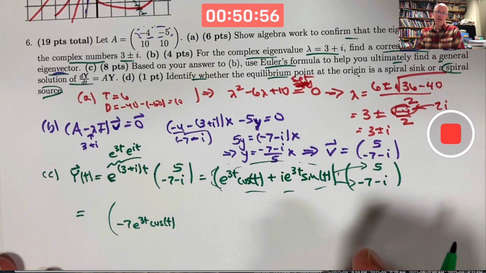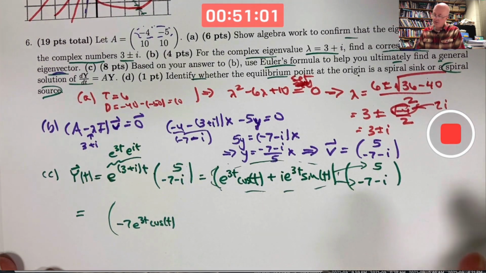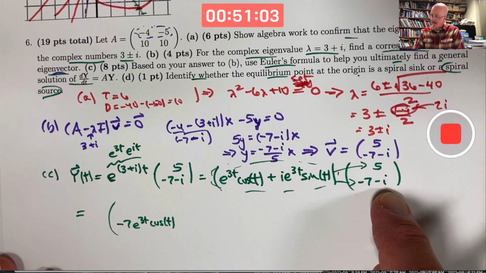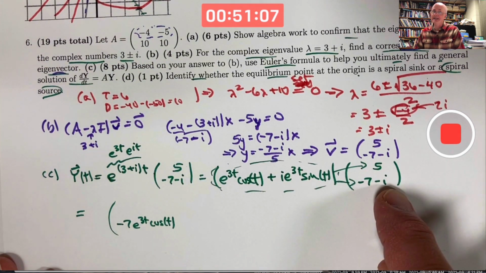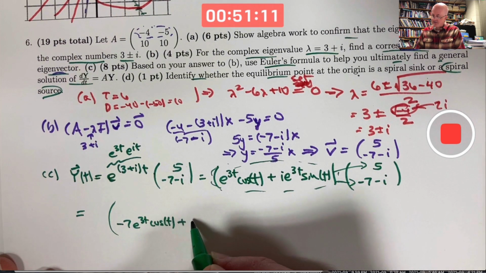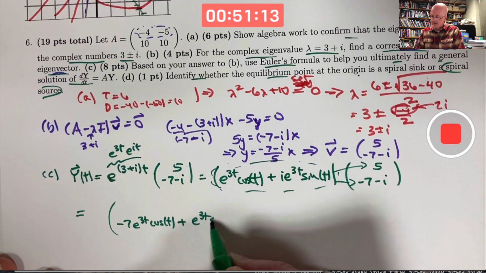The other term that's going to give you no i is going to be last times last, because i squared is -1. You're going to get this times -i. i squared is -1, so i times -i is +1. Positive e to the 3t sine t.